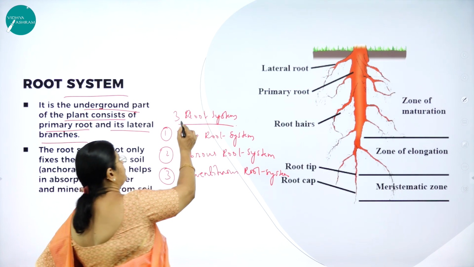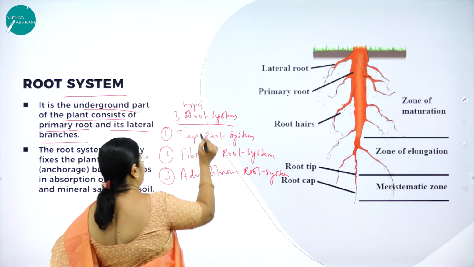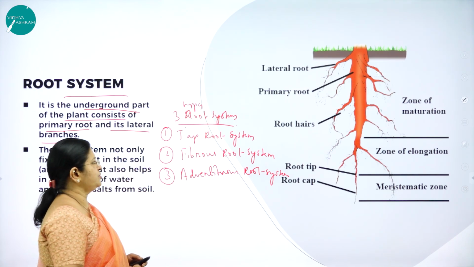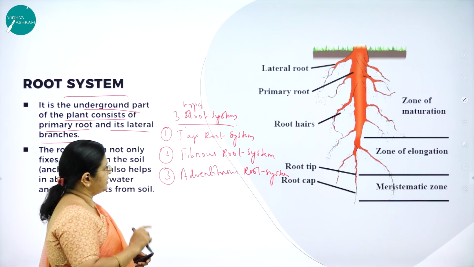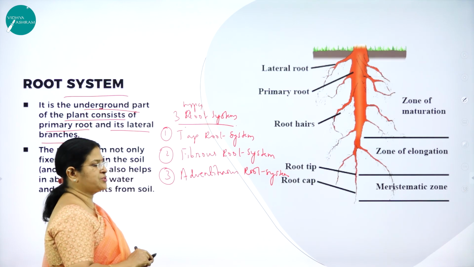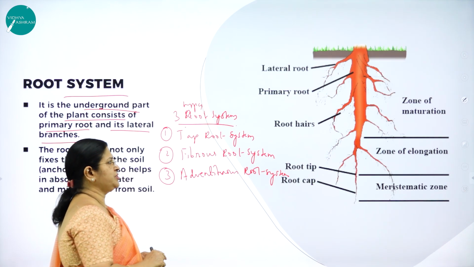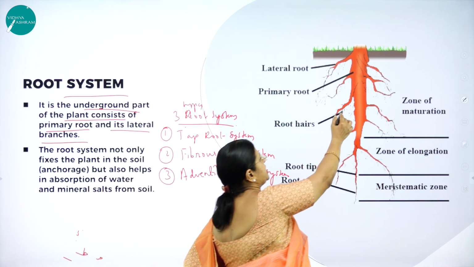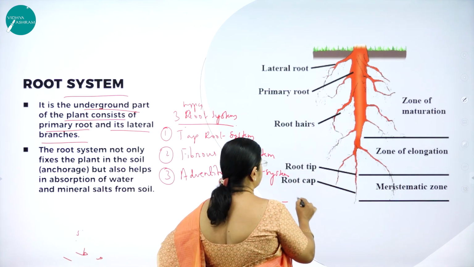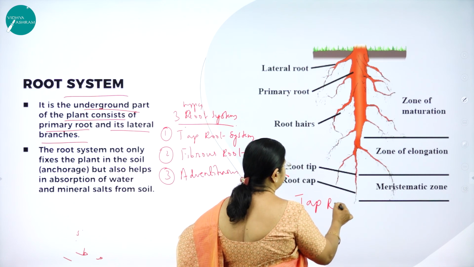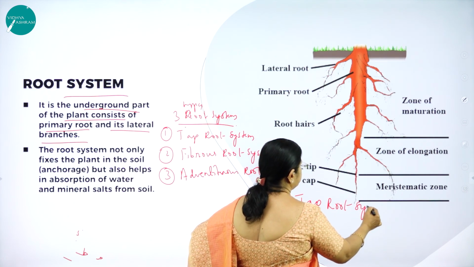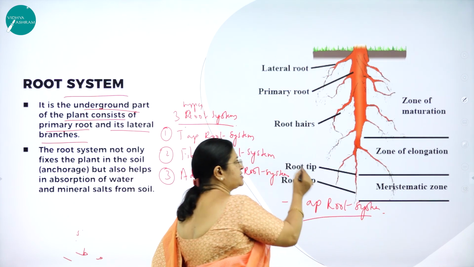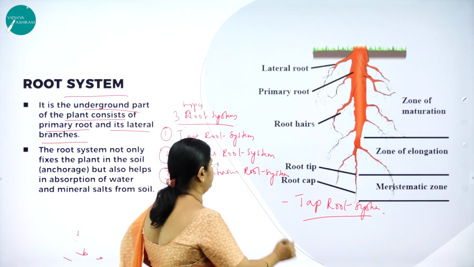So what are the three types of root system? We come across three types of root system. One is called the taproot system, and the fibrous root system, and the adventitious root system. The root system you are seeing here, the beautiful picture, is called the taproot system. This is the picture of a taproot system.